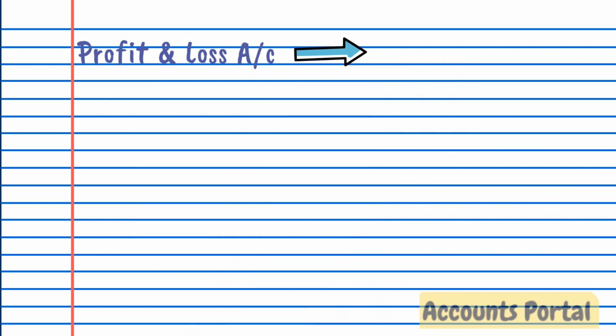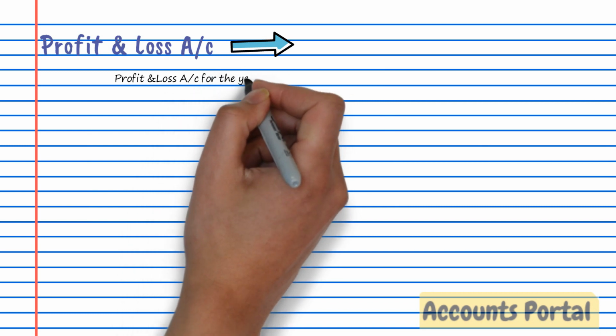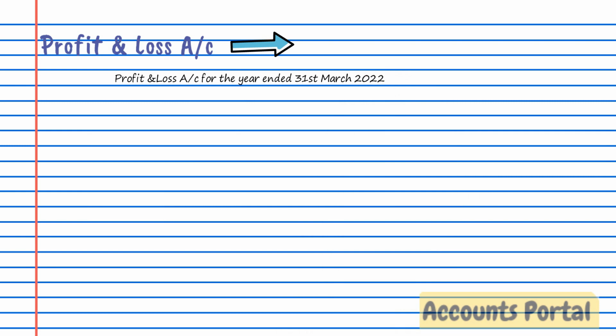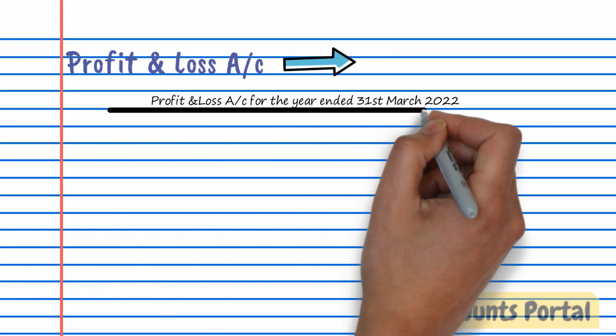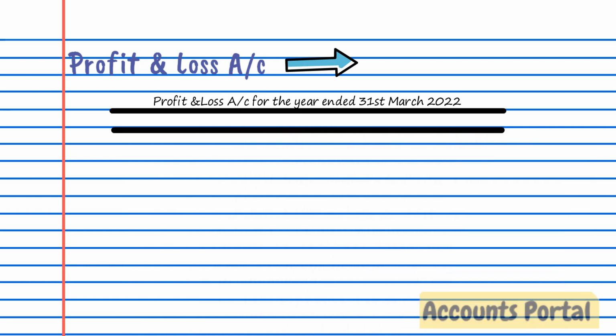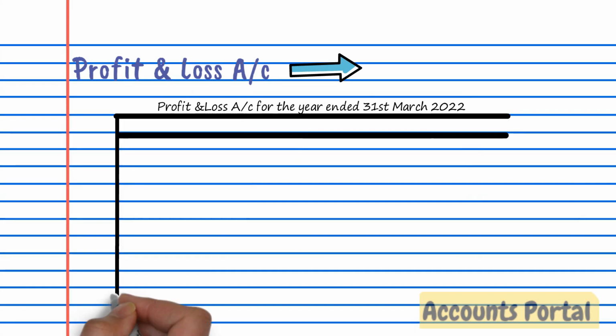Profit and loss account is prepared to find out the profit or loss of the company. Let's say we are preparing profit and loss account for the year ended 31st March 2022. We are preparing an extract P&L.